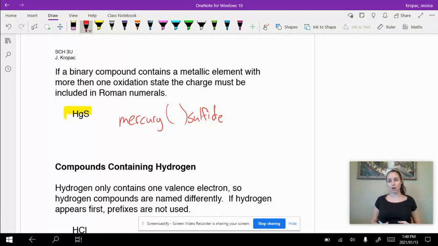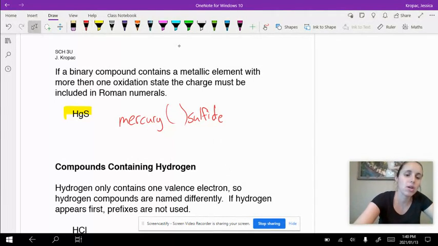Now here's the tricky part for the charge. You need to actually think about this to figure it out. This is probably one of the harder ones I can give you, but I like a challenge, right? So here you've got to do a little bit of logic. Let's think about what the charge of the other ion would be. We know the charge of sulfur is going to be 2 negative, not a plus, negative.